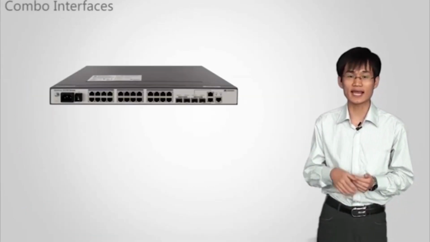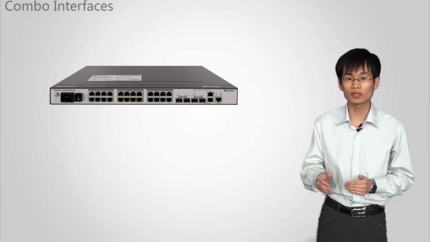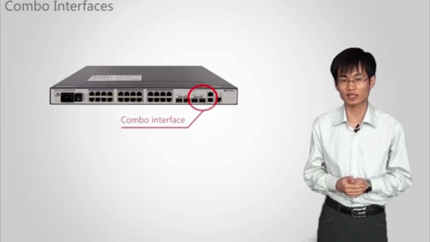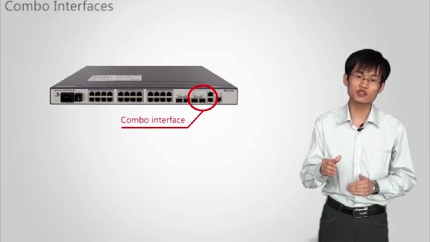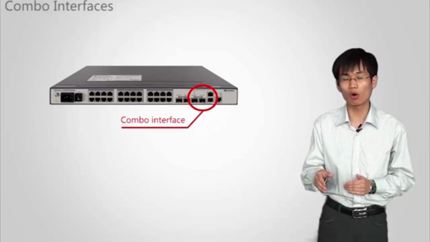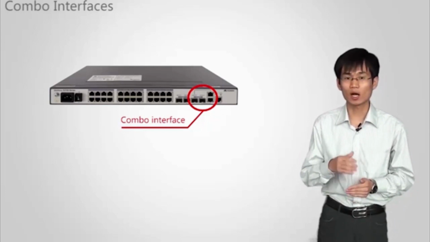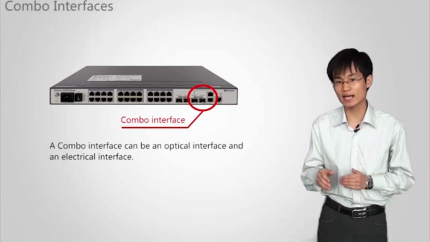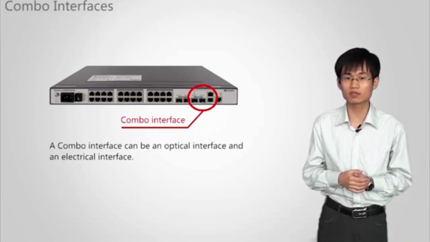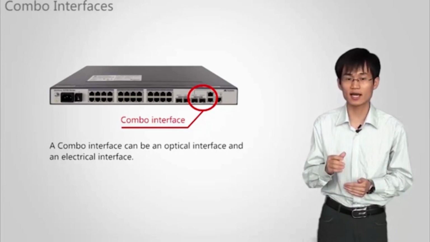Huawei Enterprise case-shaped TP series switches provide multiplexing combo interfaces as upstream interfaces, and you can use either the optical or electrical interface at one time. The combo interface can be an optical interface and electrical interface on the panel, and has one board interface inside the device.